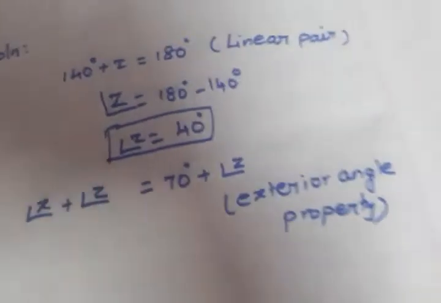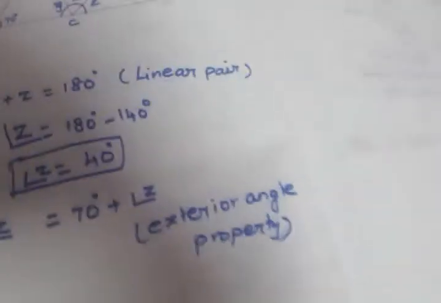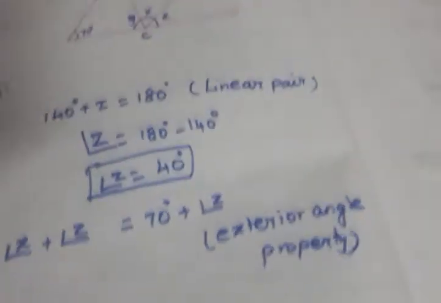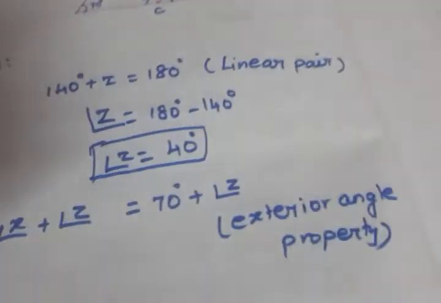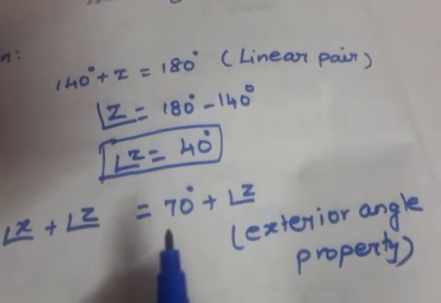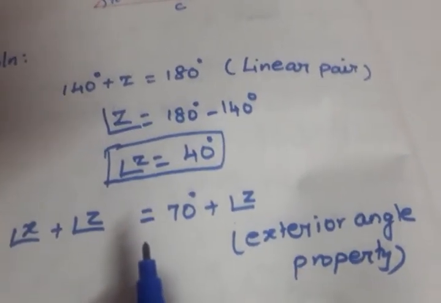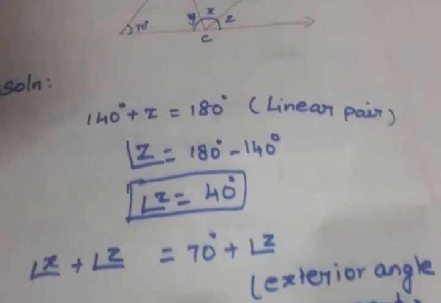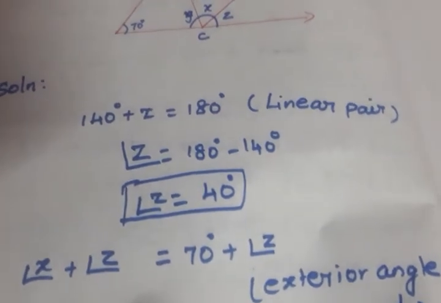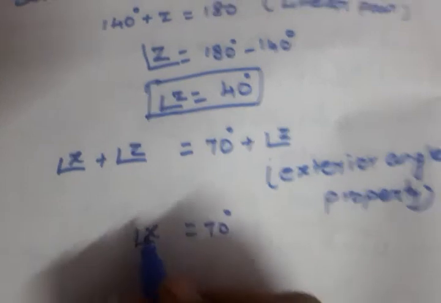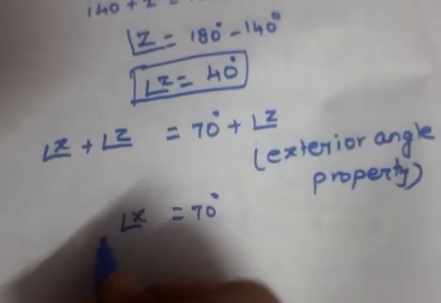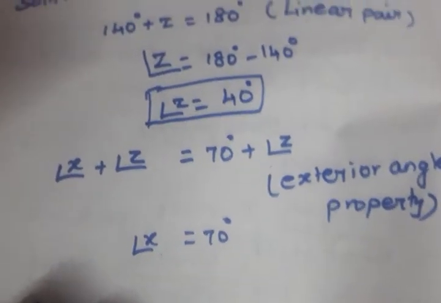So angle x equal to 70 degree. So next we find the value of angle x.